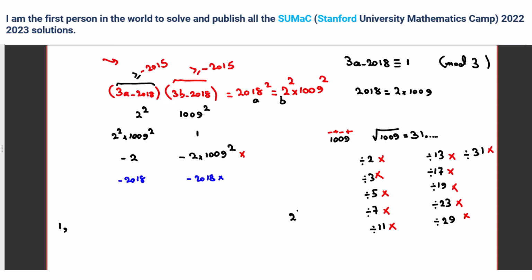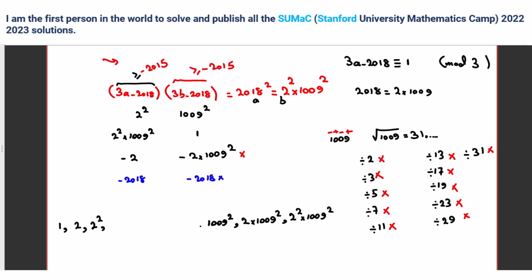1, and then 2 squared times 1009. Next one is what? 2 times 1009 squared. What else? Next one, after 2, what's the next divisor? Sorry, 2 squared, which is 4. Then 2 squared times 1009 squared.